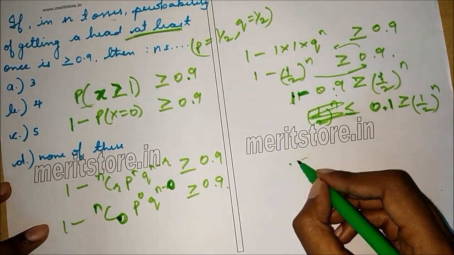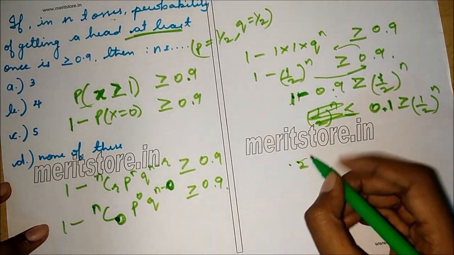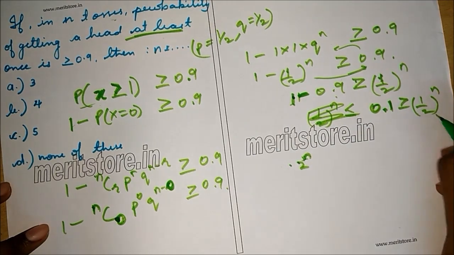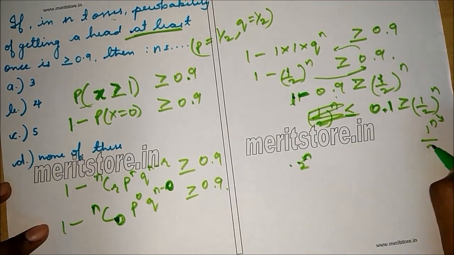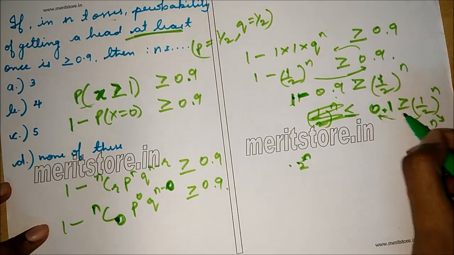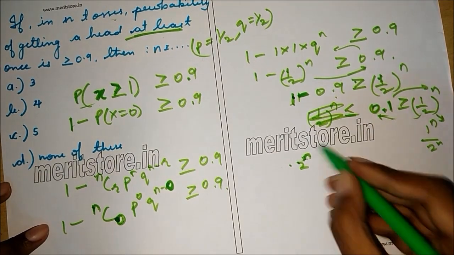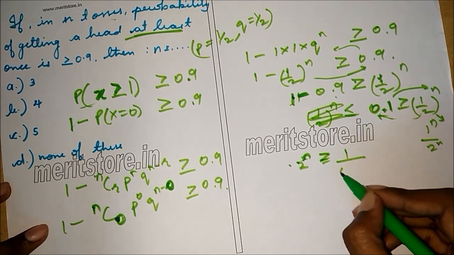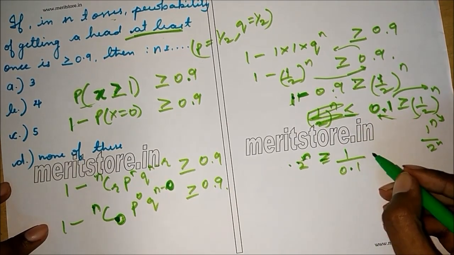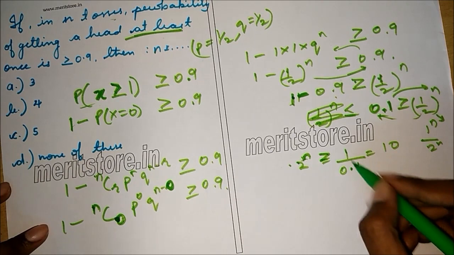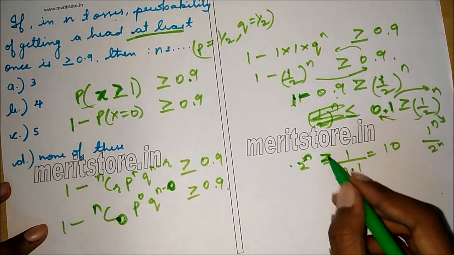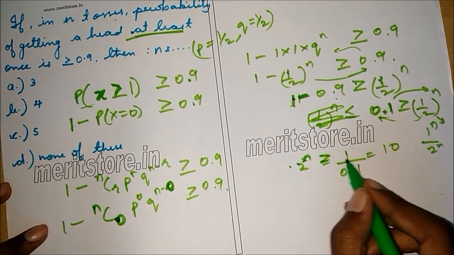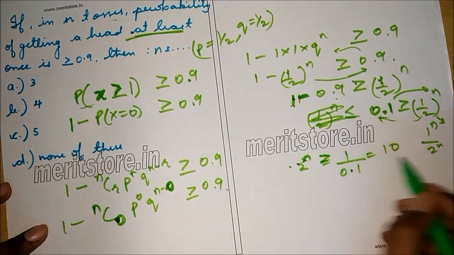Since we can write this as 1 raised to n upon 2 raised to n, bring this term to the LHS and this to the RHS. This will be 2 raised to n greater than or equal to 1 by 0.1, that is 10, since the reciprocal of 0.1 is 10.